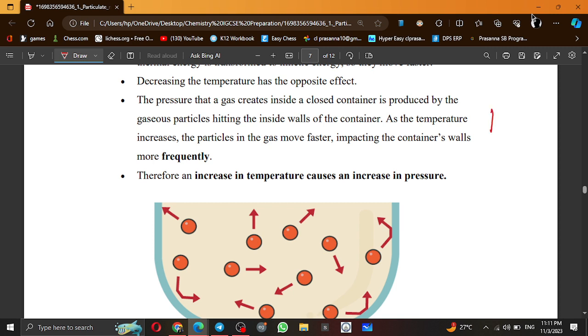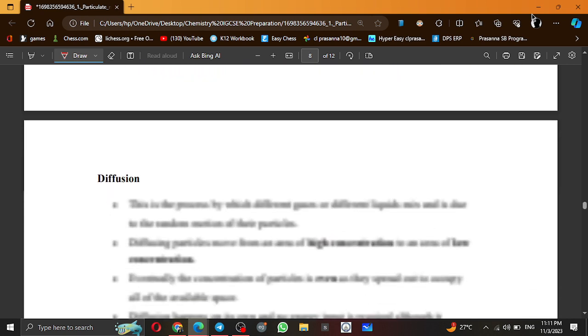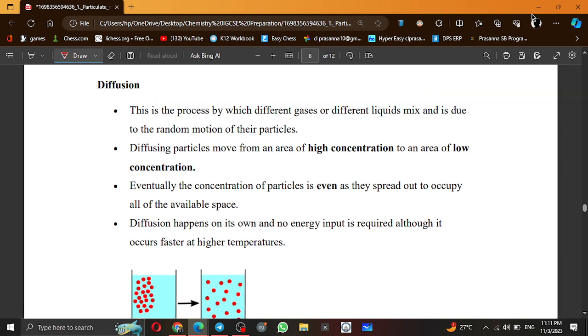As the temperature increases, the particles in the gas move faster, impacting the container's walls more frequently. This increases pressure. So what do we know? As temperature increases, pressure increases. As temperature decreases, pressure decreases. That is that.